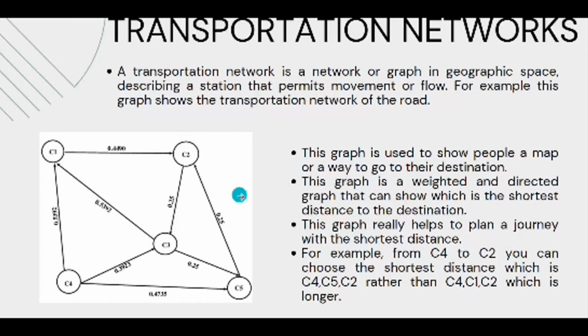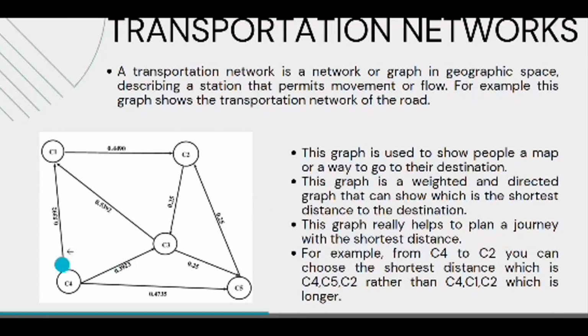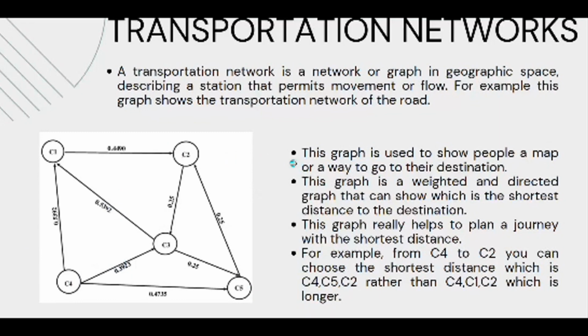This graph really helps to plan a journey with the shortest distance. For example, from C4 to C2, you can choose the shortest distance, which is C4, C5 to C2, rather than C4, C1, C2, which is longer than C4, C5, C2. So this graph helps to plan a journey with the shortest distance.